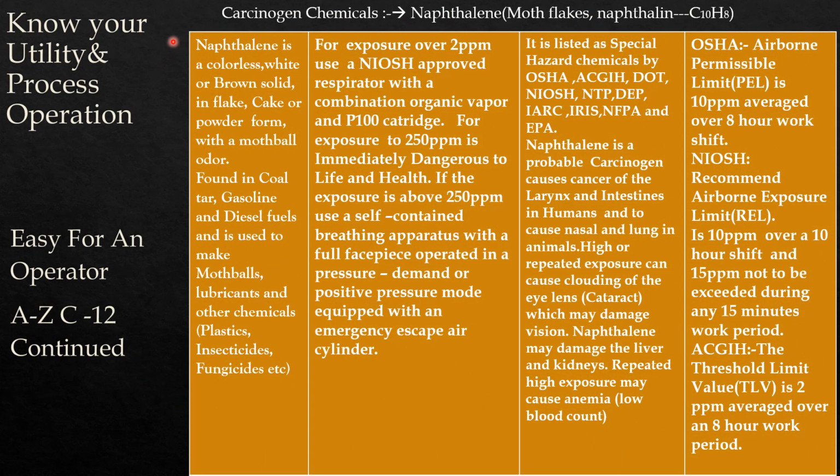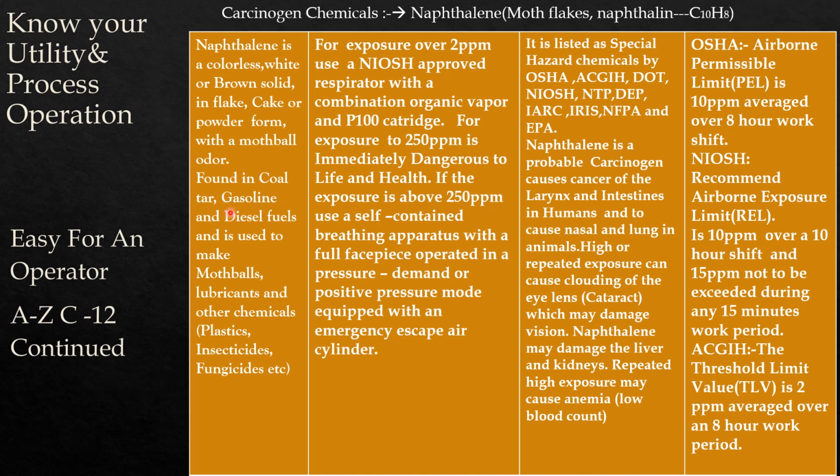In this episode now we can see one important carcinogen chemical which is used in day-to-day life. You might have heard of naphthalene, moth flakes, formula C10H8. Naphthalene is a colorless white or brown solid in flake, cake or powder form with a mothball odor.